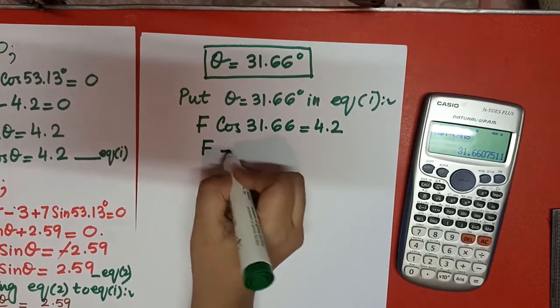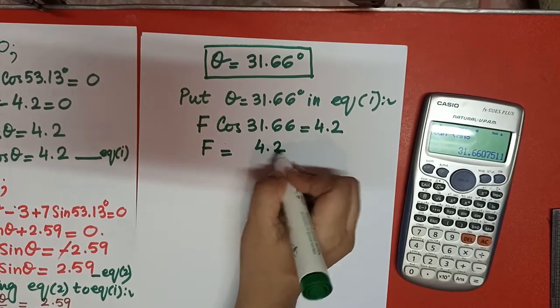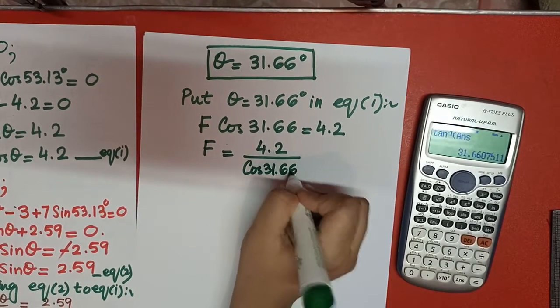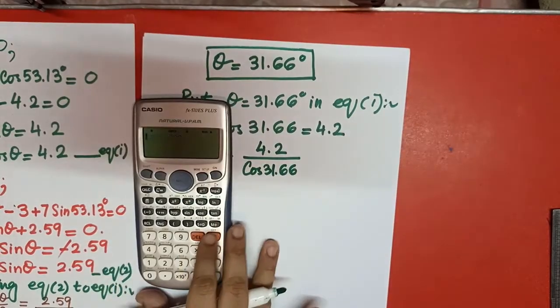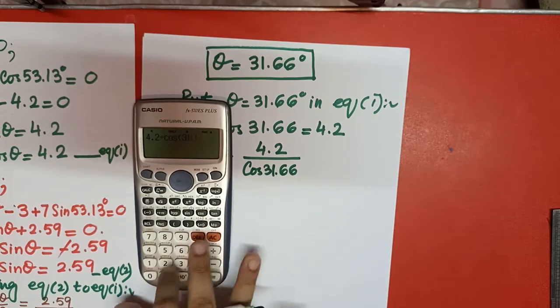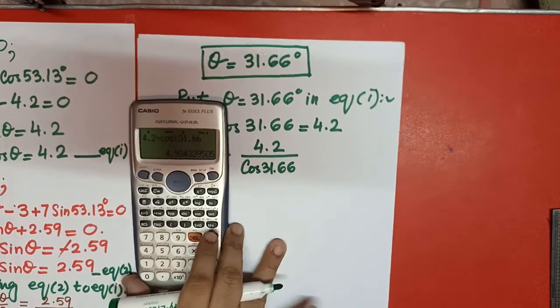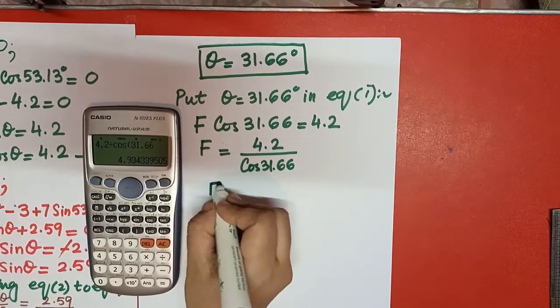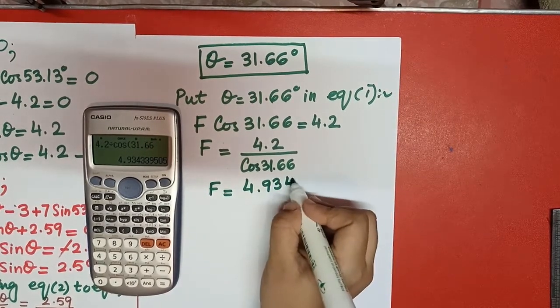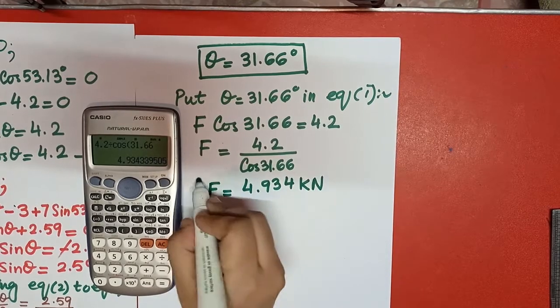So f is equal to 4.2 divided by cos of 31.66. The value comes out to be f equals 4.934 kilonewton. This will be your final answer.